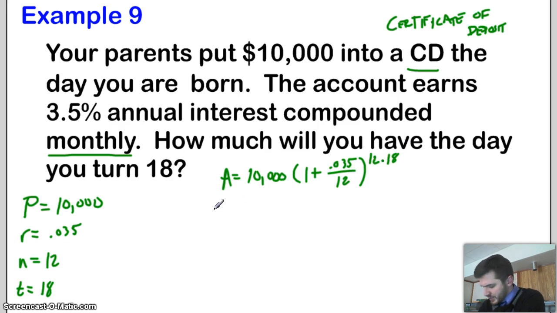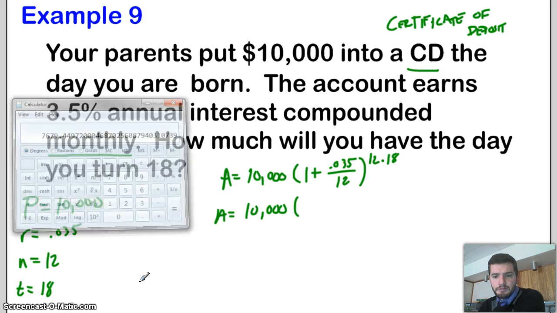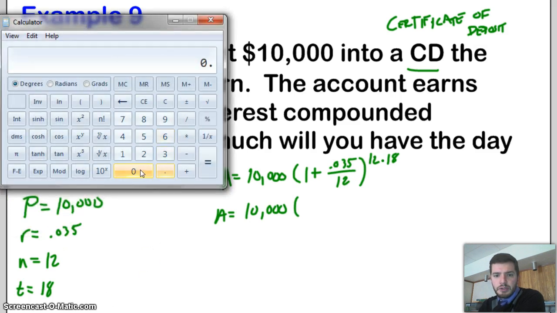I'll start with 0.035 divided by 12, and then add 1 to it to save some time. So this will be 1.0029. I'm not going to round mine, and you don't want to round yours yet either.